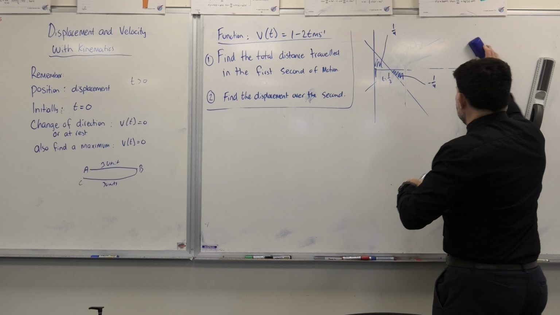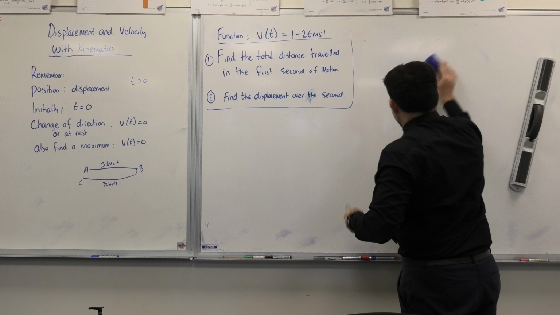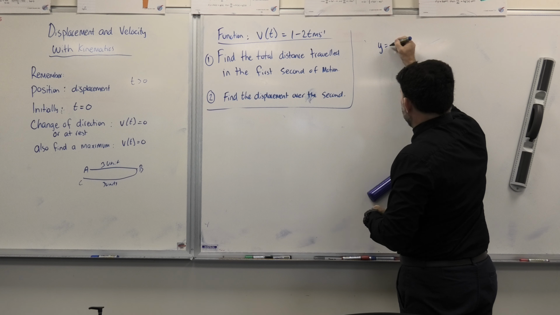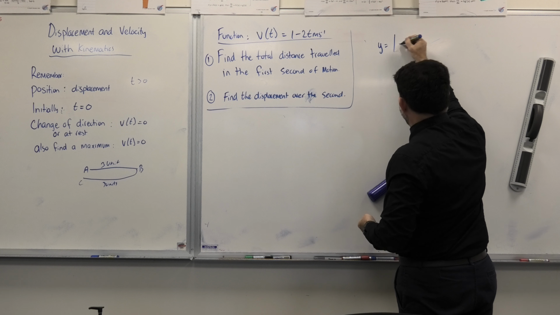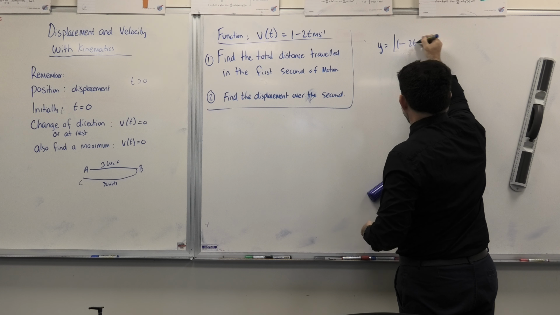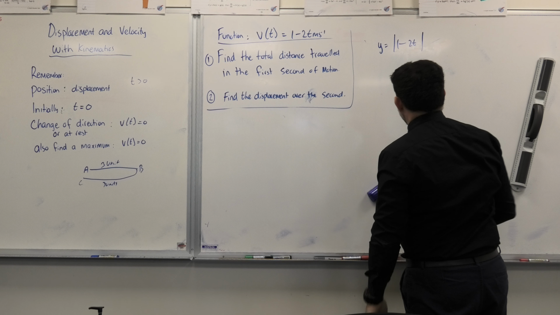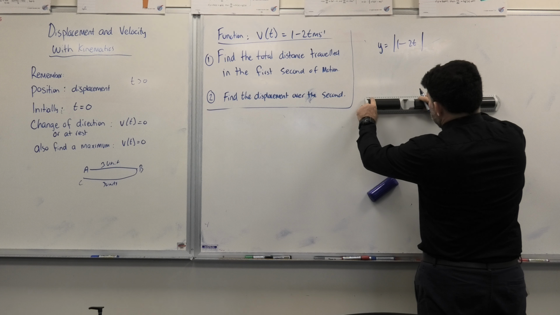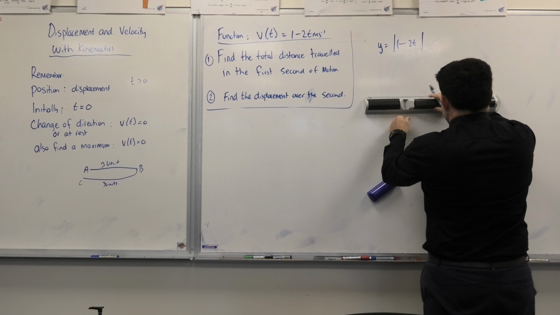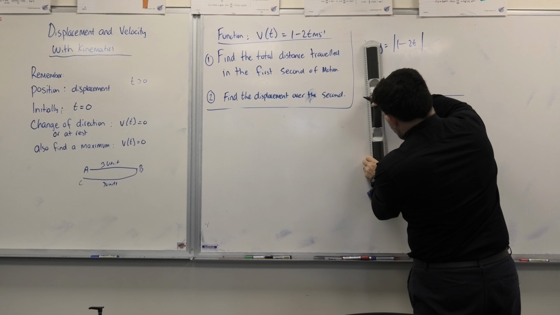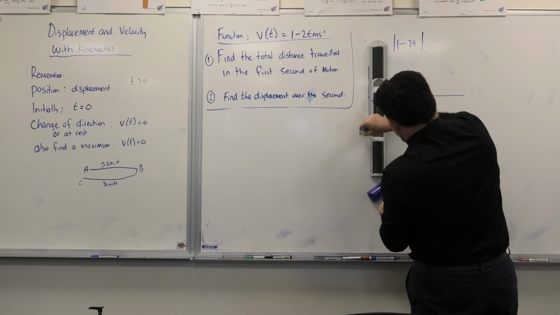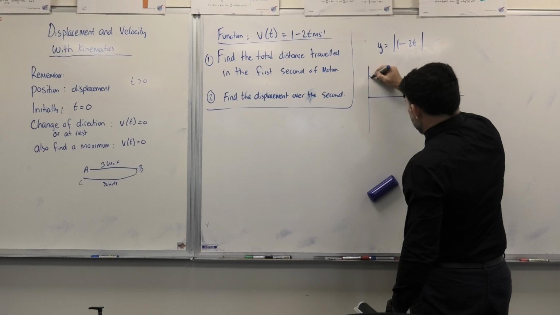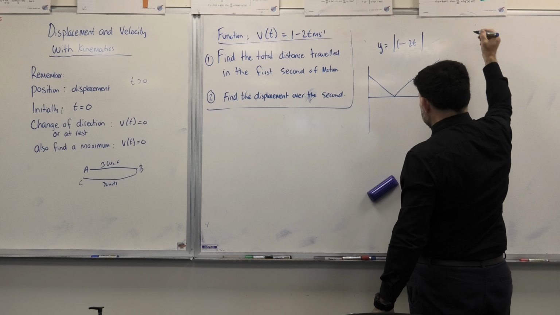If you went into your calculator and wrote, in the y equals function, the absolute function of 1 minus 2t, what would happen if we graphed this again is it would stop here and bounce back up.